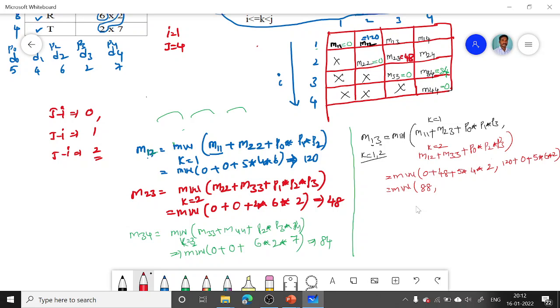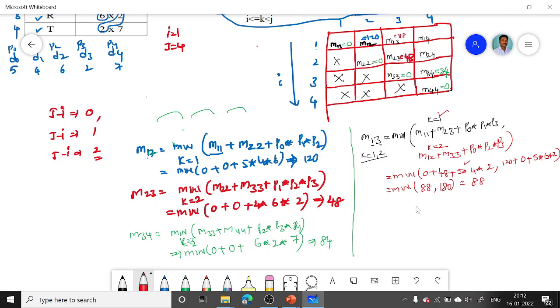Now observe. So 120 plus 5 into 6, 30, 30 into 2, 60, 60 plus 120, 180, which is minimum 88. So for which k value we are getting this one? You will remember that k value, and M13 is 88.